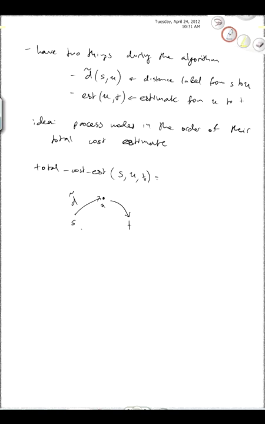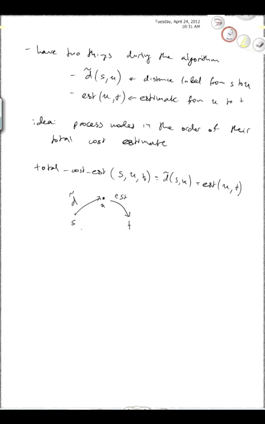And the second part of this path from U to T is just going to be whatever our estimate is, which is the second piece of information here. We have estimate from U to T. So the total cost estimate is just going to be how much ever it takes me to get from S to U plus the estimate from U to T.